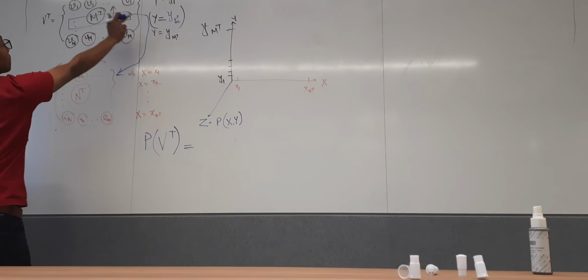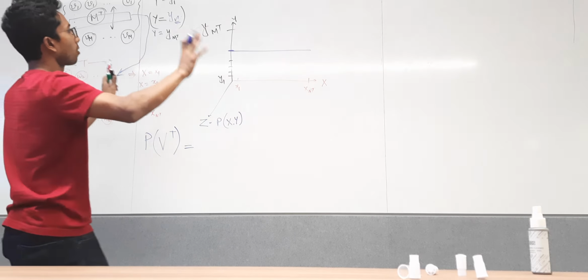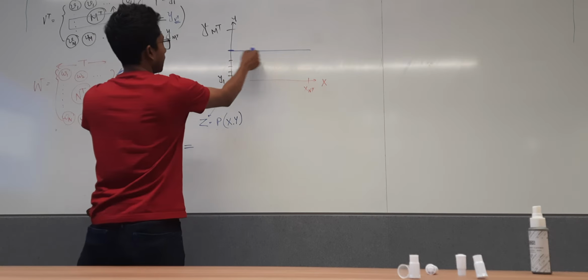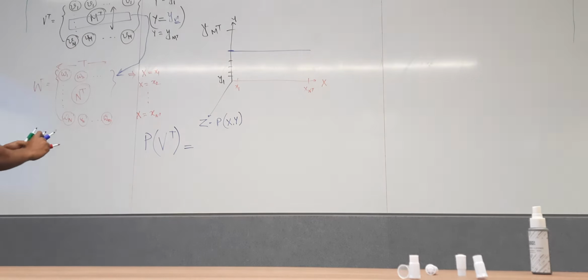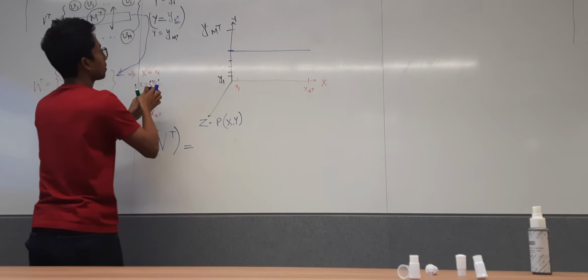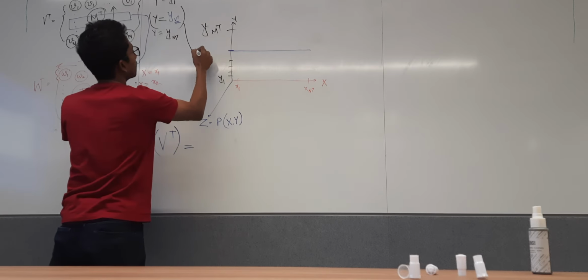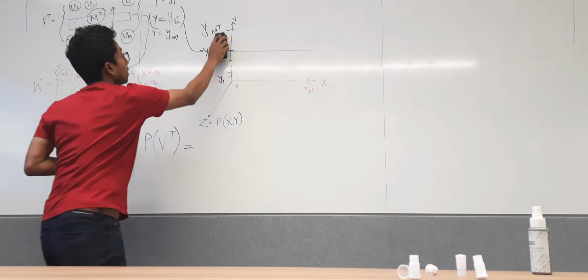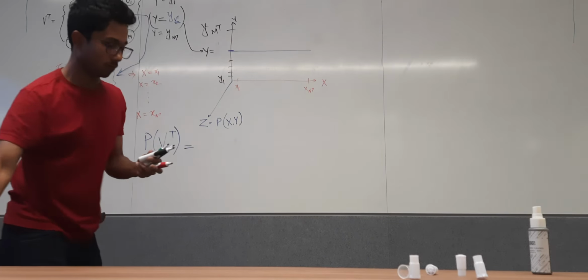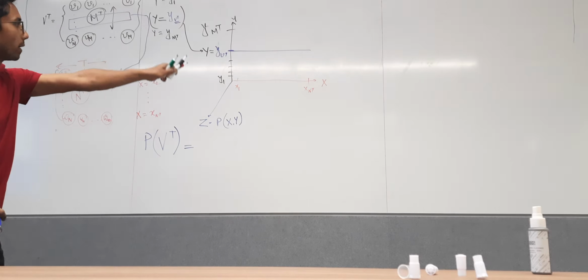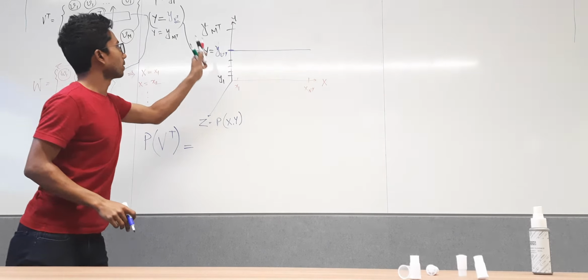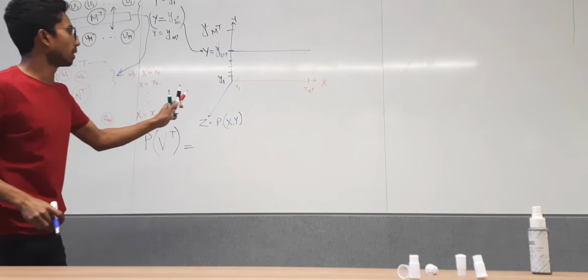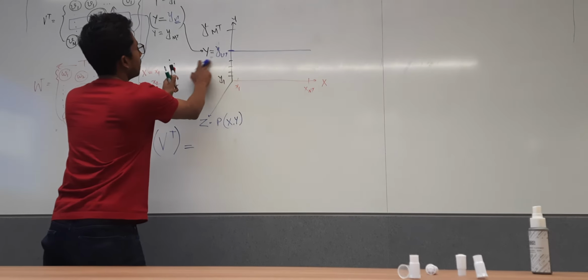So in this three-dimensional space of probability, this is a constant event, and in this constant event y equals y of vt.